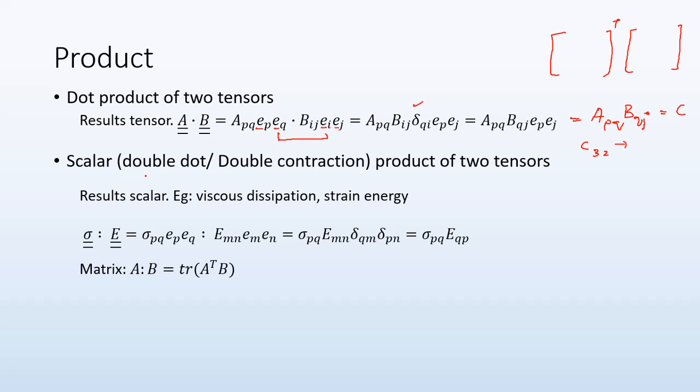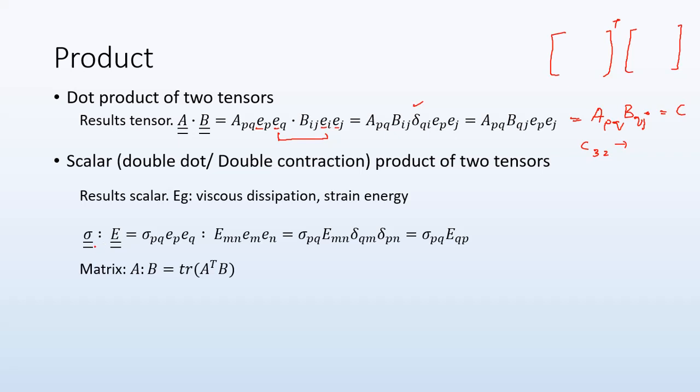Now you can take the double dot product also. If you take a double dot product of two tensors, this will result in a scalar. For example, viscous dissipation or the strain energy from fluid dynamics. Viscous dissipation is a scalar.